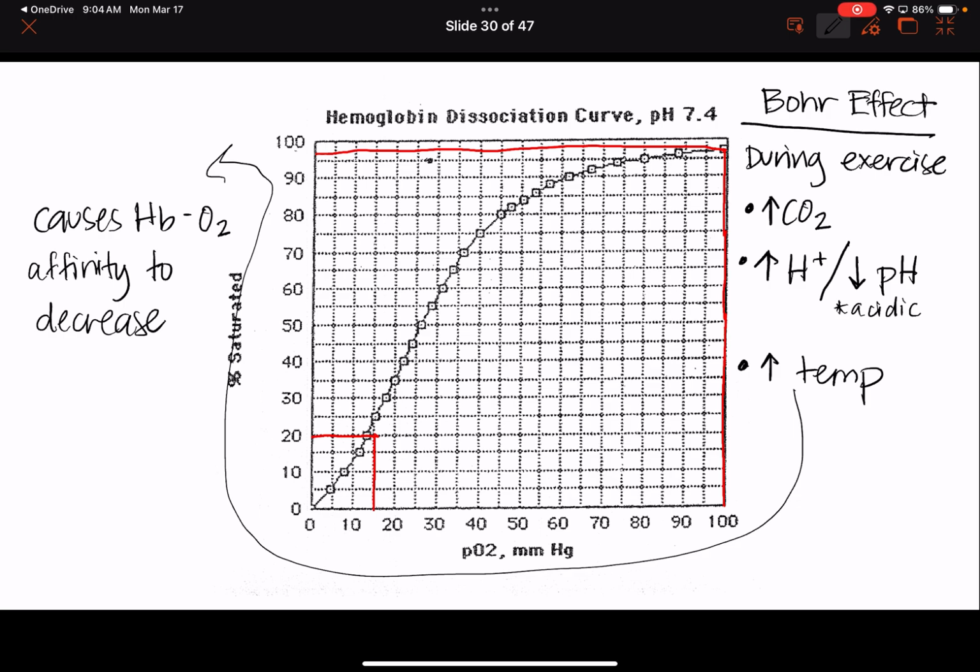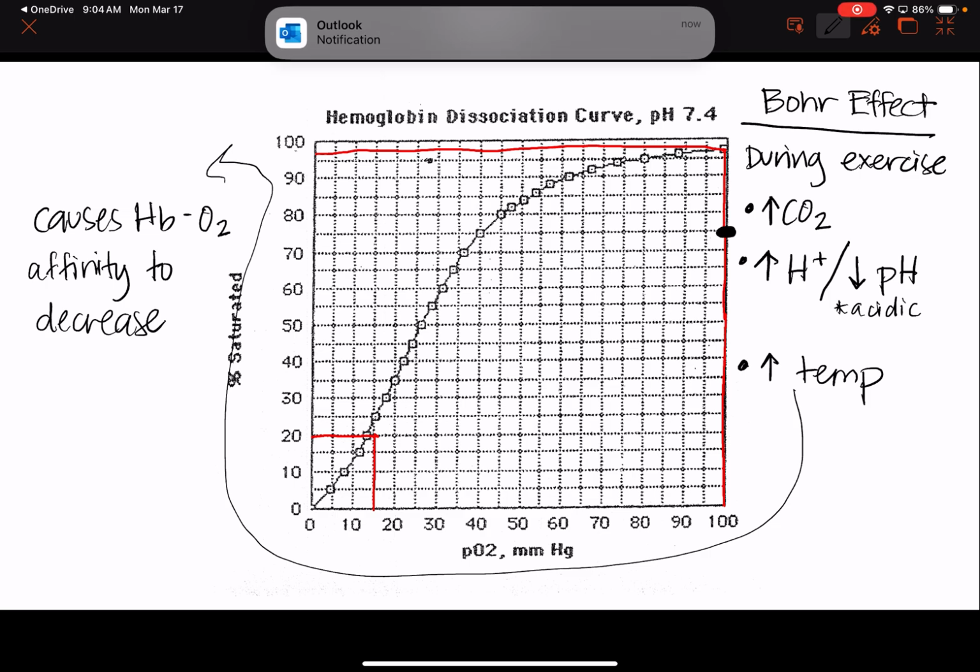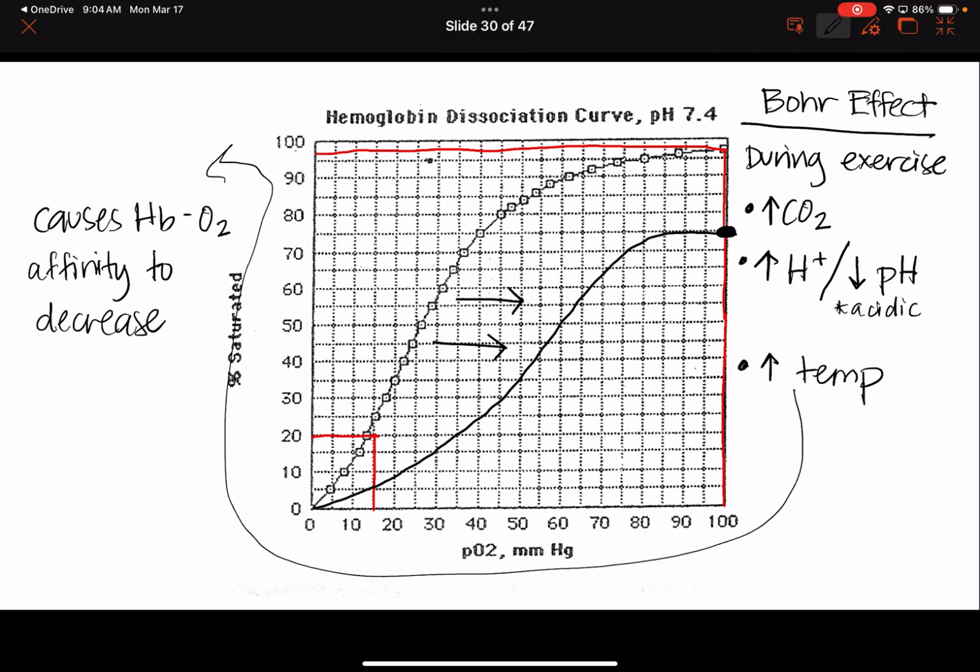So you can end up getting 100 millimeters of mercury for PO2 at only 75% saturation. So it moves that curve to the right so that you can get to that 100 millimeters of mercury faster, even though you're using up a lot of oxygen. You're doing exercise right now, okay?